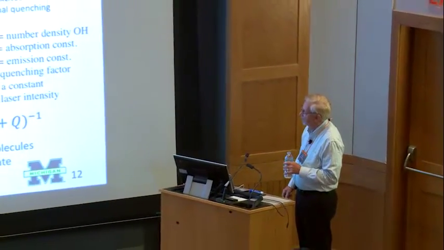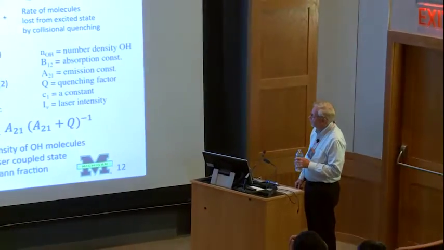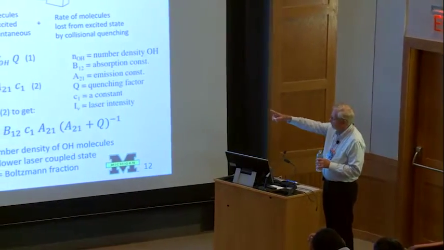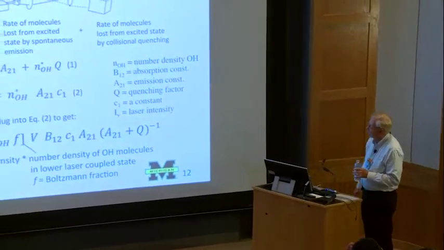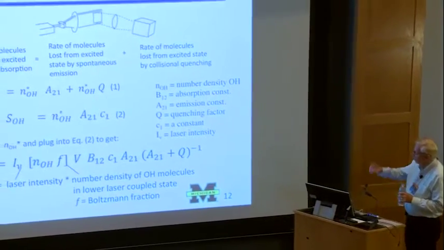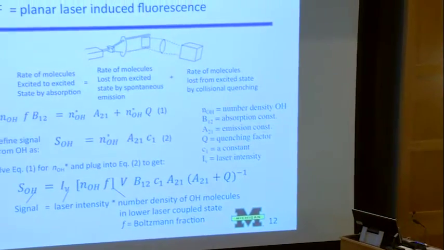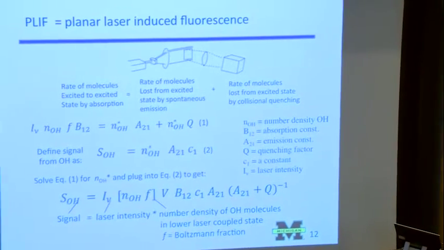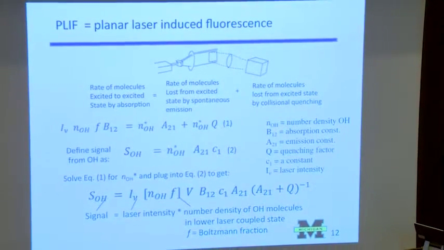So if you take that first equation now, you solve for NOH, you simply see that A and Q add together, and then you stick the value of NOH from the first equation into the second equation, you get the signal coming out, and that's this lower equation.